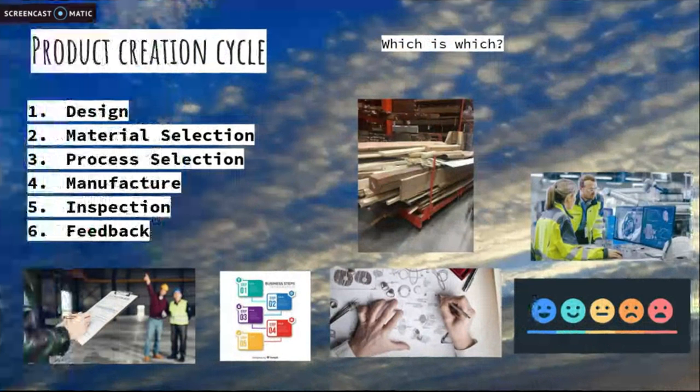So, there's a product creation cycle. This is what engineers can follow in order to correctly and efficiently complete a manufacturing task. First, they'll design, then they'll make their material selection, then they'll make their process selection. How will they build it?